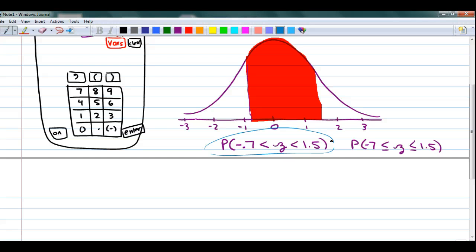To put this in my calculator, I'm going to do second vars, and I'm going to choose choice 2, normal CDF.